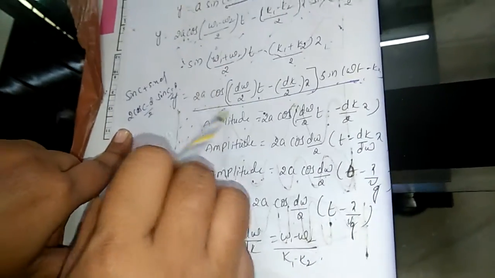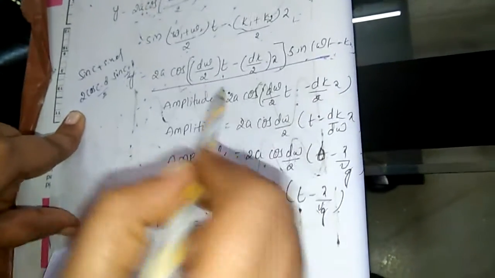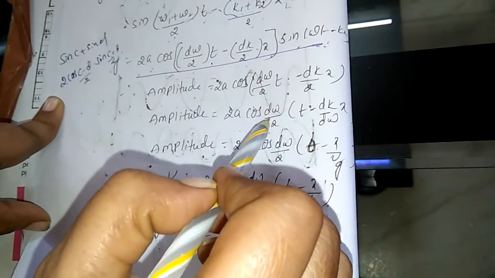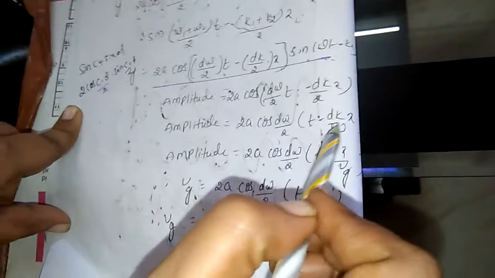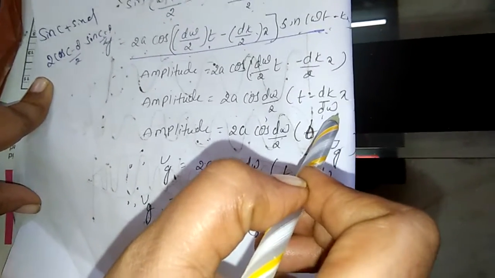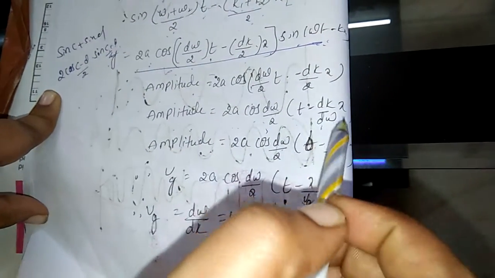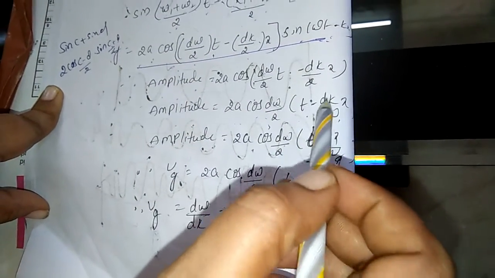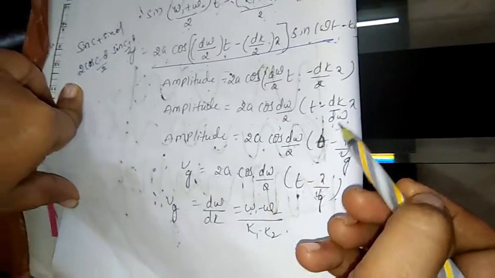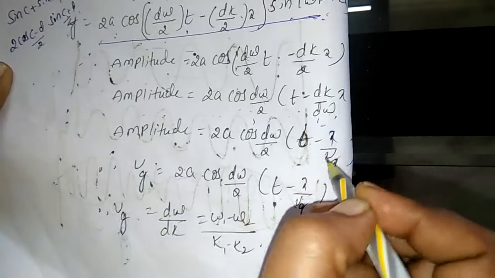Here, this part indicates the amplitude, so amplitude is equal to 2a cos((d omega/2) t minus (dk/2) x). Taking d omega common, it becomes t minus (dk/d omega) x.